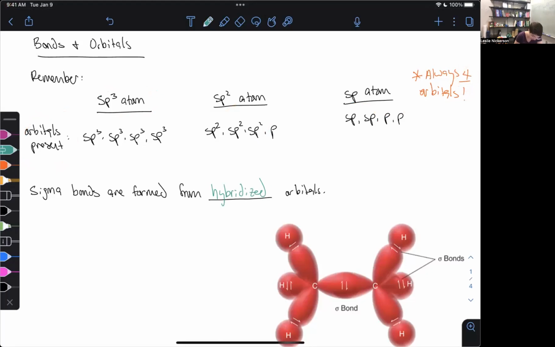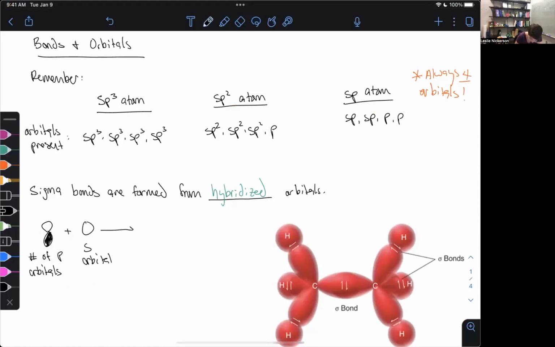If we think about our hybridized orbital and what it's made out of, some quantity of p orbitals are going to get averaged in together with an s orbital. That's the s and the p orbital coming together, and we're going to average those out.